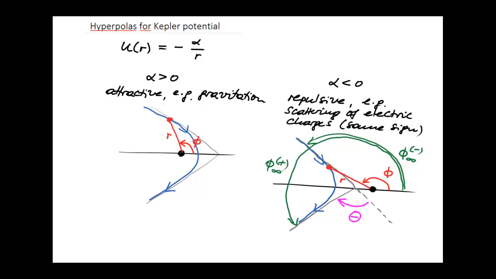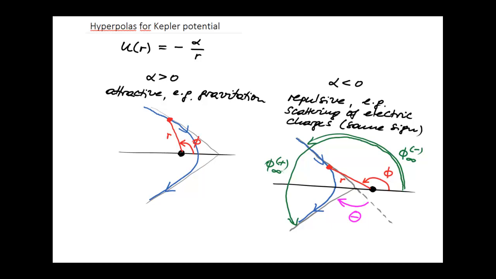So the green angles are the asymptotic angular coordinates of the projectile at time minus infinity, so still far away from the potential, and at time plus infinity, so after the scattering process, and then far away from the center of the potential.